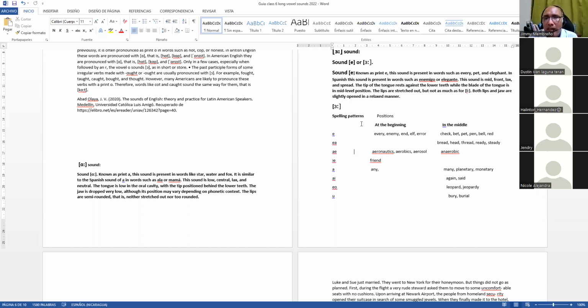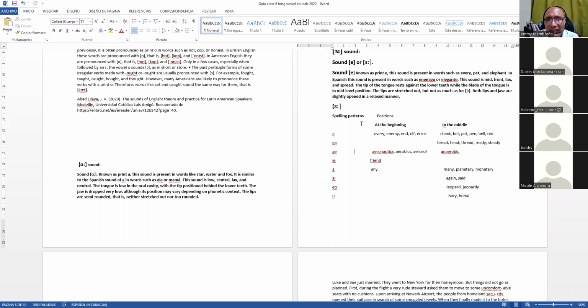See? And then we have the combination of letters EA, but this combination goes in the middle of the words. For example, the word bread, head, thread, ready, steady. Then it is present also in the combination AE.